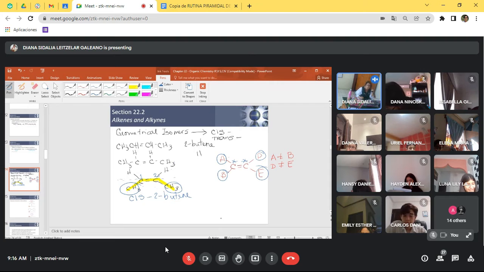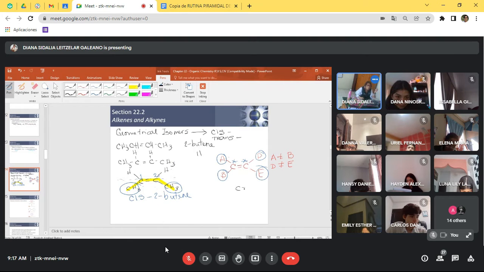It's called cis 2-butene. Now, if cis exists, trans as well. So how do I make the trans molecule? Well, I copy the molecule.